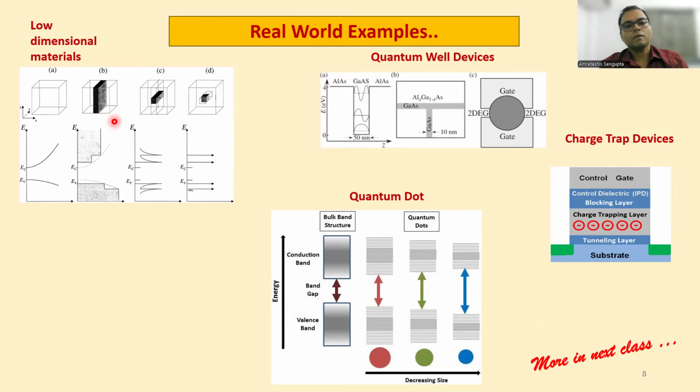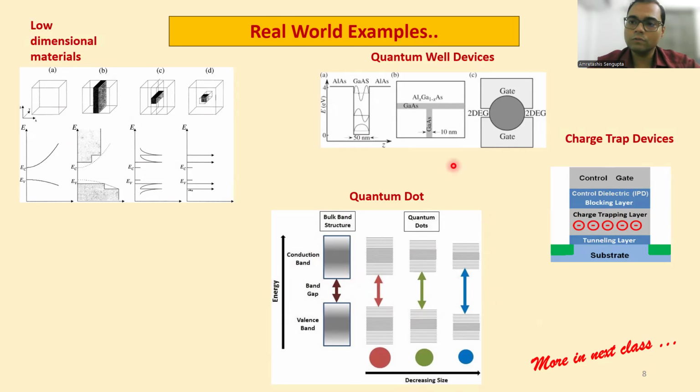If two directions are confined, then it becomes a 1D material like a nanotube or a nanowire. If all three directions are confined, then it becomes a quantum dot. Like this, there are discrete energy states, and there is a gap that is increasing with reducing particle size.